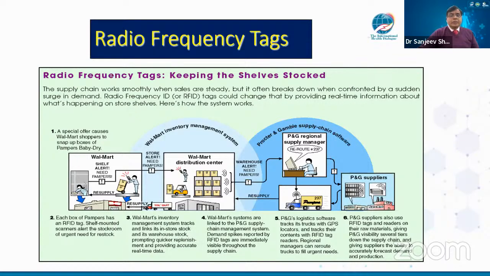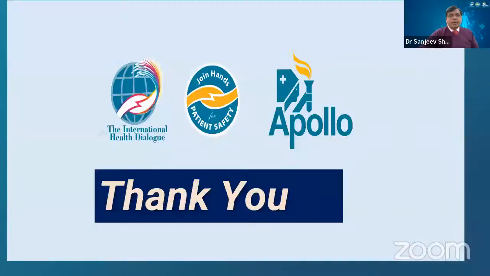Automatically, this alert goes to the manufacturer level. They look into how much raw material they have, and based on that, their manufacturing can also be planned. This is the future in the supply chain, and we can see this future coming in. Thank you very much for your patient hearing.